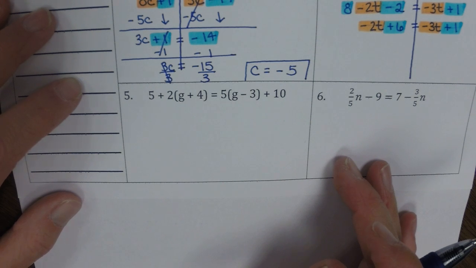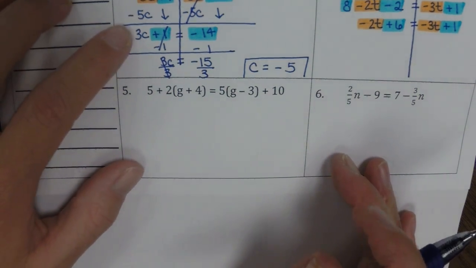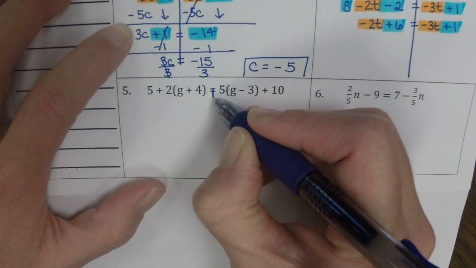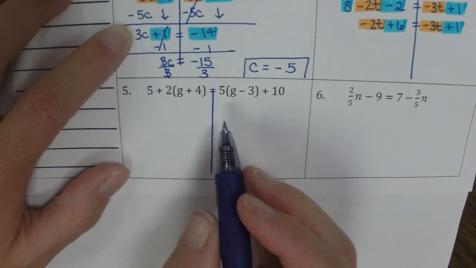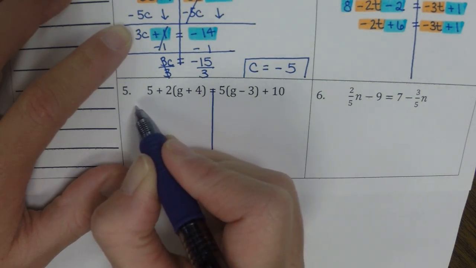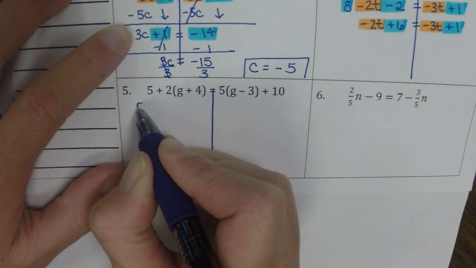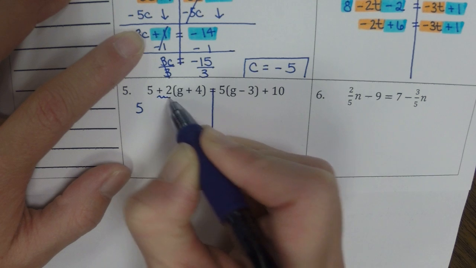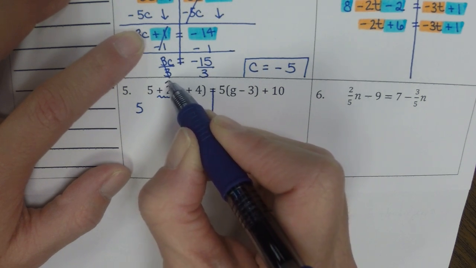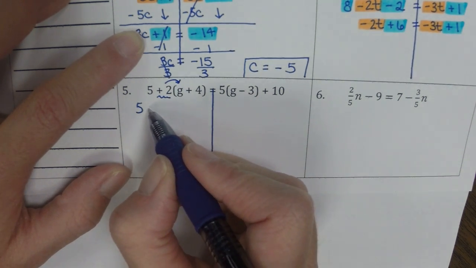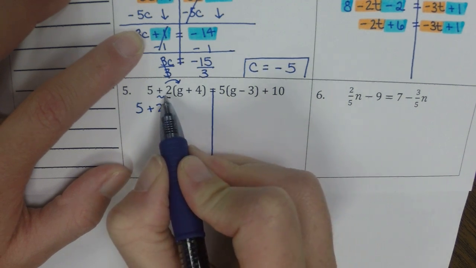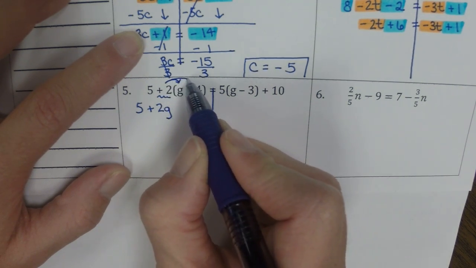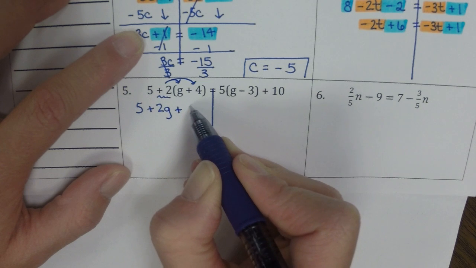Okay, number 5. Again, I'm going to start it, but then I'm going to have you finish it. So I'm going to draw the line. We've got parentheses on both sides this time, so I'm going to bring the 5 down. Then I'm distributing a +2. So 2 times g would be +2g. 2 times +4 would be +8.